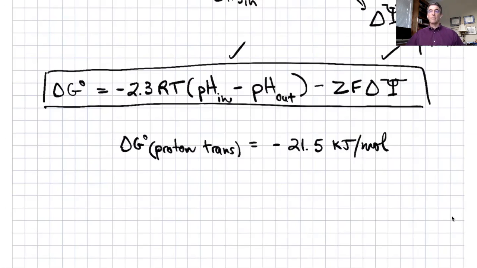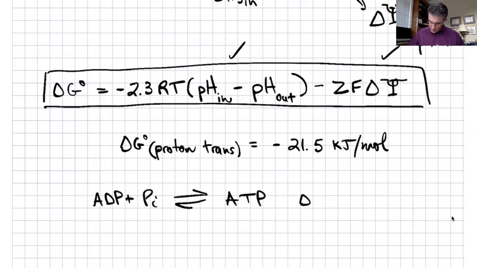That's pretty good: one mole of protons gives us 21.5 kilojoules to work with across that electrochemical gradient. That's awesome, except that this reaction, which is ultimately what we're trying to do here, make ATP, has a free energy requirement under cellular conditions of about positive 40 to 50 kilojoules per mole.